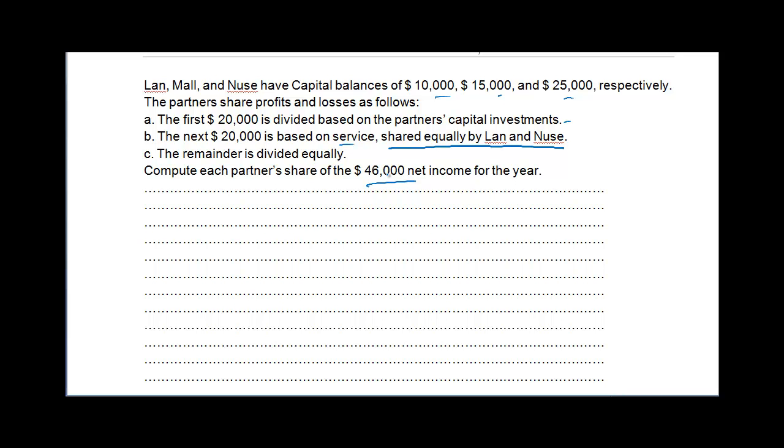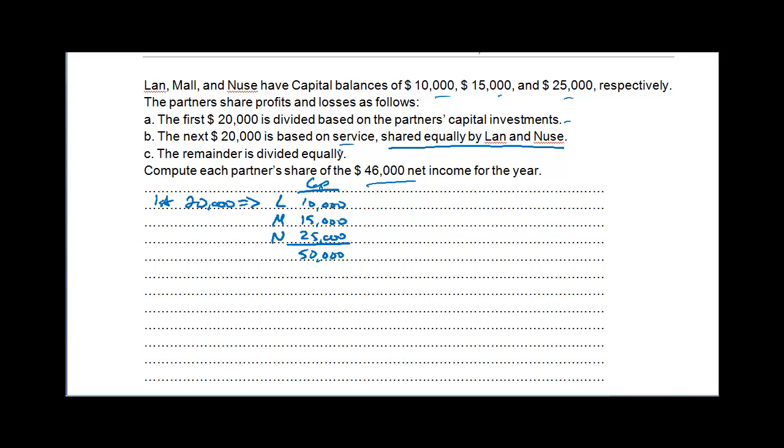Okay, so let's see. The first $20,000 is allocated based on capital investments. So capital then for Lan, Mol, and Noose: $10,000, $15,000, $25,000 for a total of $50,000.